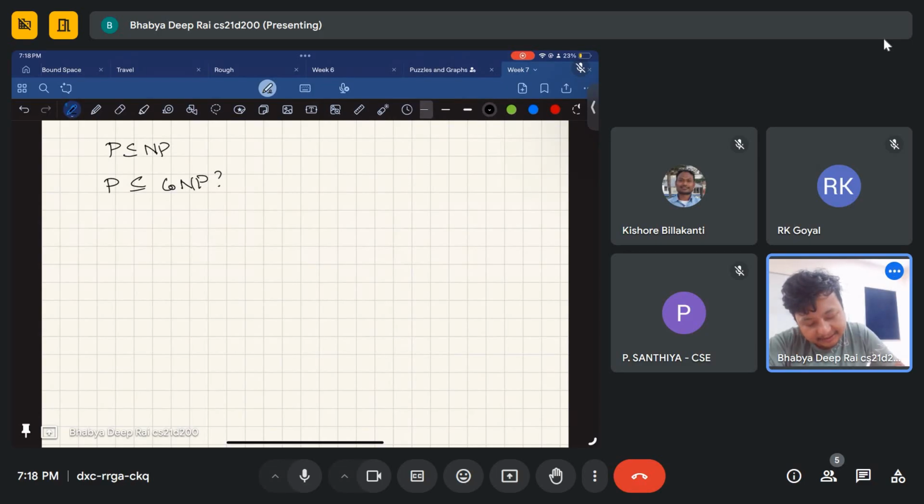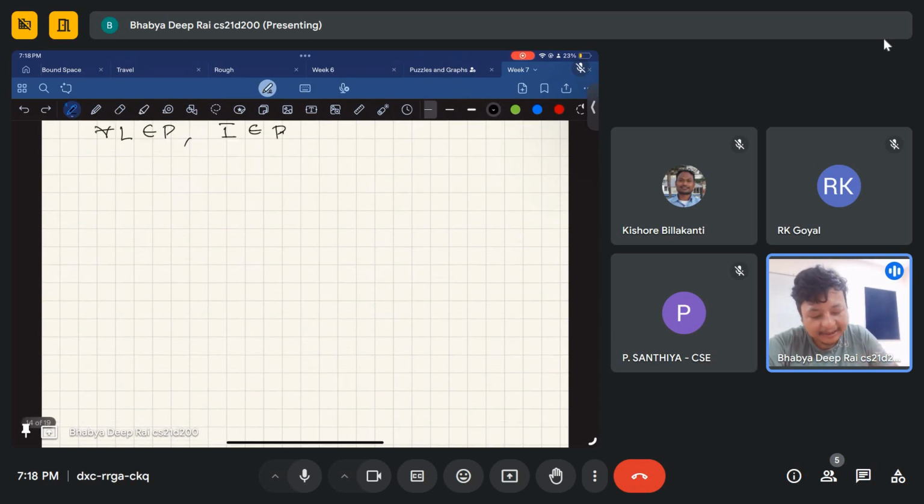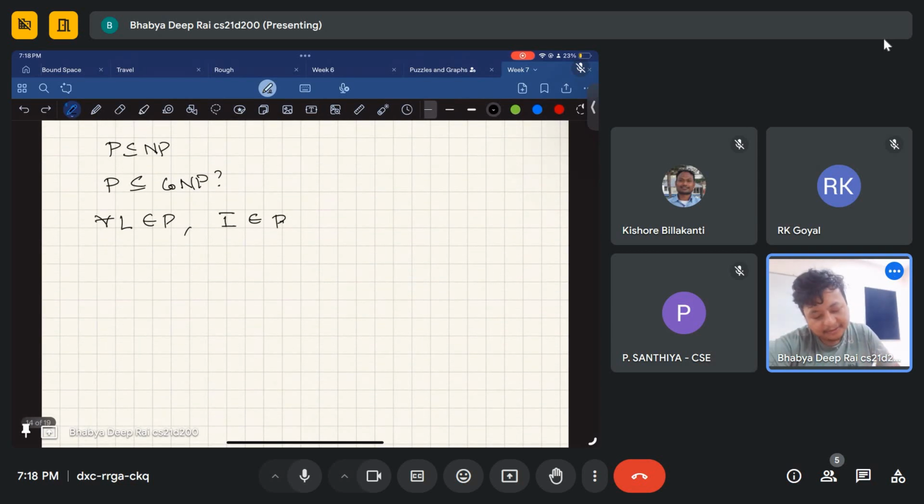Why? Because for any language L in P, L complement is also in P, and we already know that P is in NP, so its complement will be sitting in coNP. So P is contained in coNP.